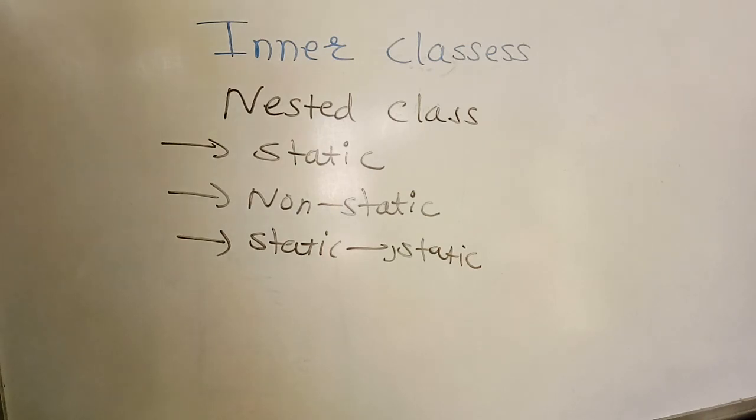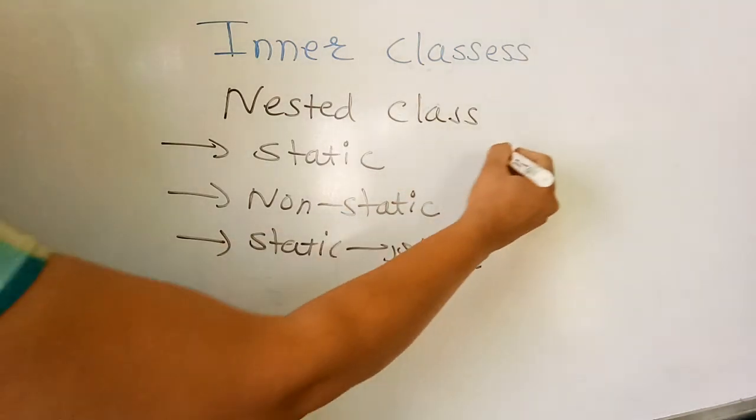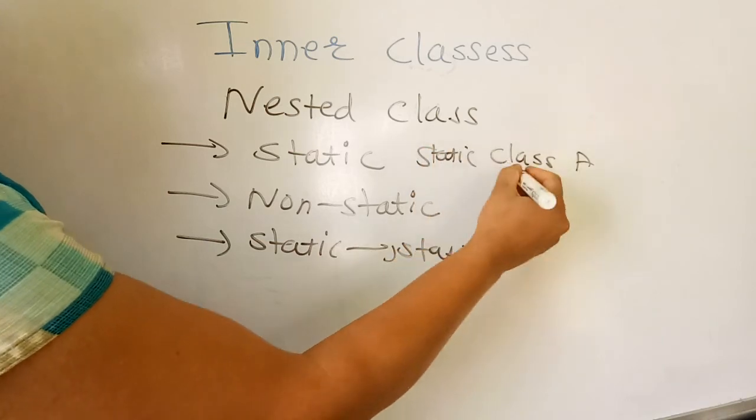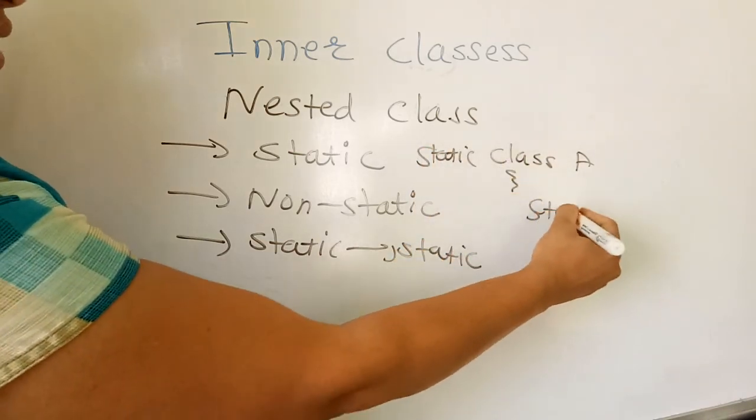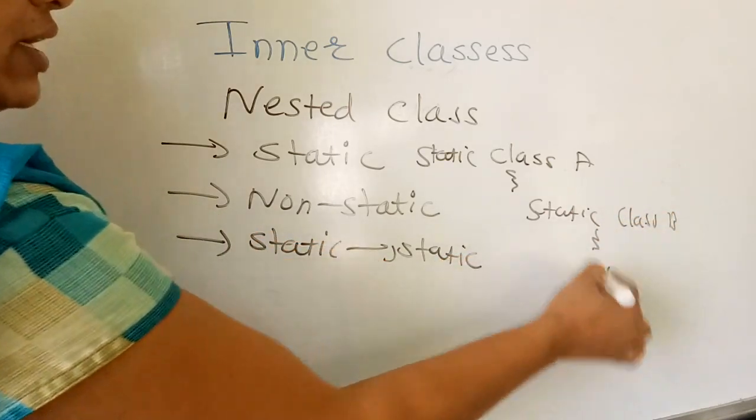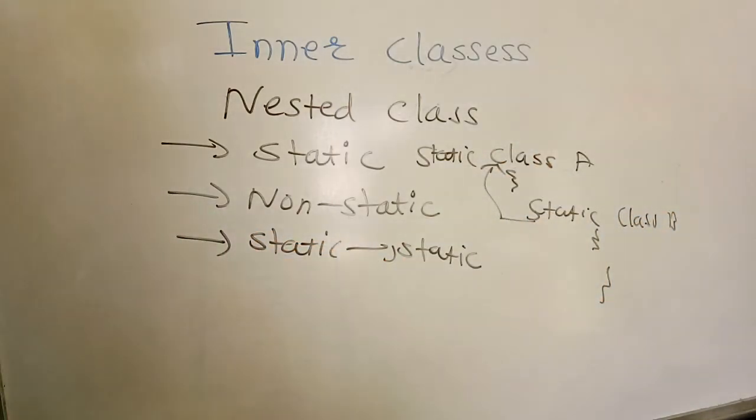For example, if class A is static and class B is also static, then one has access to the other.